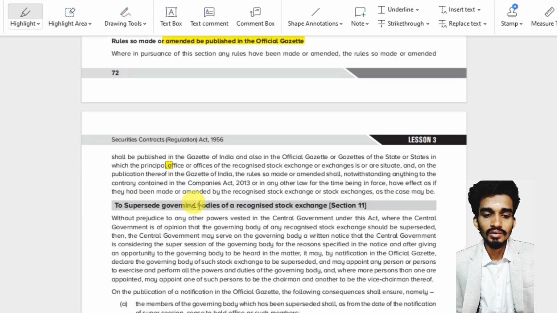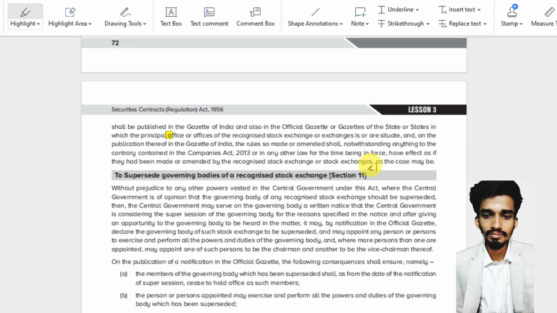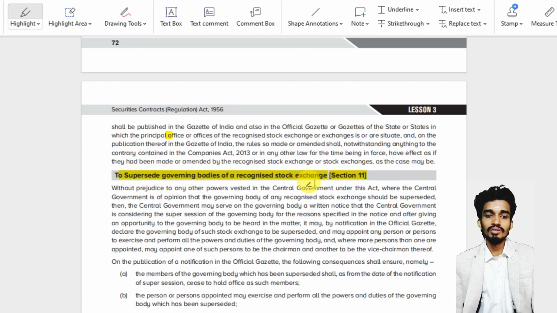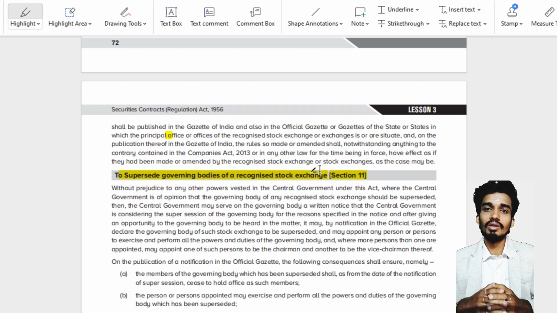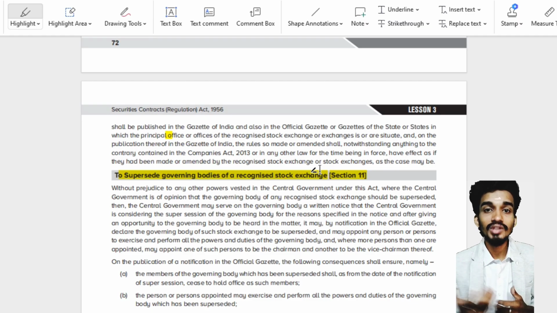Okay, so yeah, let's see your section 11. Section 11, the superseding of governing bodies of recognized stock exchanges. So this is the section where the recognized stock exchange office bearers or any of the persons have the powers, right? So what if they are misusing their powers?